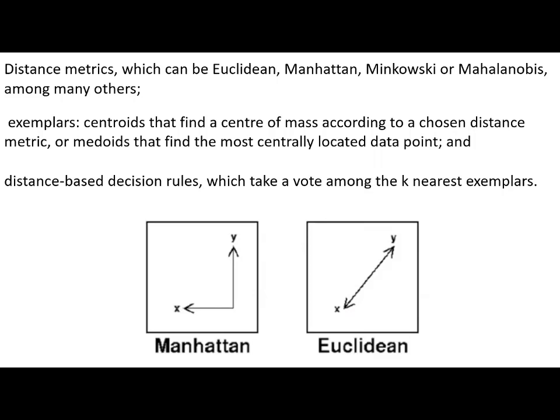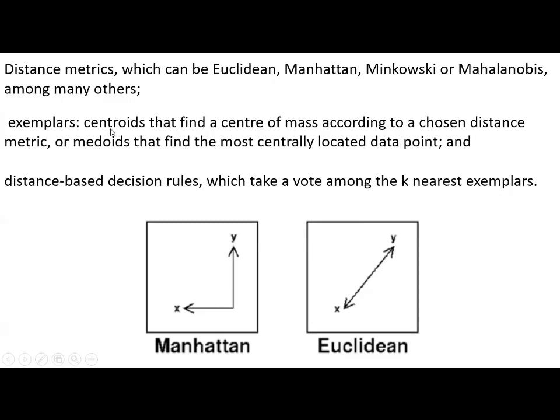Exemplars are centroids that find a center of mass according to a chosen distance metric, or medoids that find the most centrally located data point. Exemplars are methods. Centroid is one of the methods, the center of mass. And medoid is the one which is the most centrally located data point.